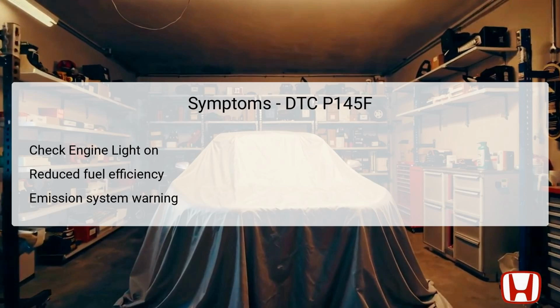Furthermore, the vehicle may display an emissions system warning, signaling that the emissions control measures are not operating as intended. If these symptoms are ignored, they can lead to increased emissions and potential complications with vehicle inspections. Recognizing these signs early can help address the underlying issues more effectively and maintain the vehicle's performance and environmental compliance.